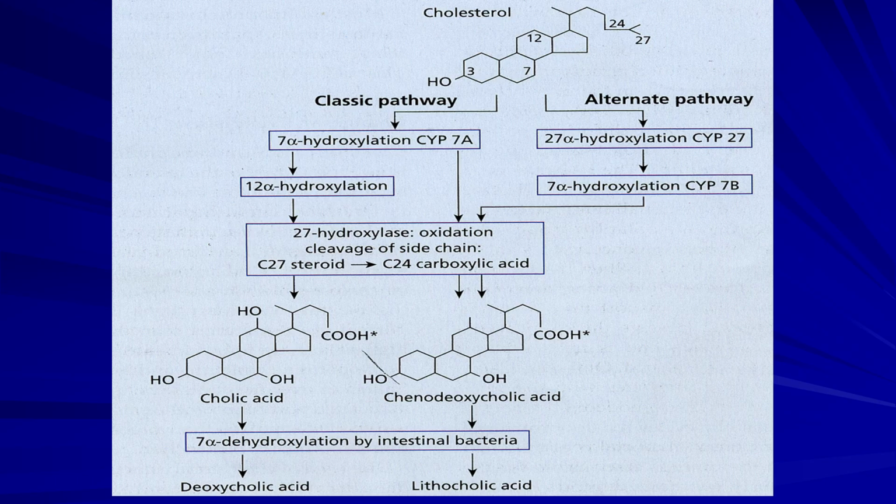They reach the intestine and they undergo 7-alpha dehydroxylation by intestinal bacteria to become the secondary bile acids. So cholic acid becomes deoxycholic acid, and chenodeoxycholic acid becomes lithocholic acid. Please do not focus on the 27-alpha hydroxylase.